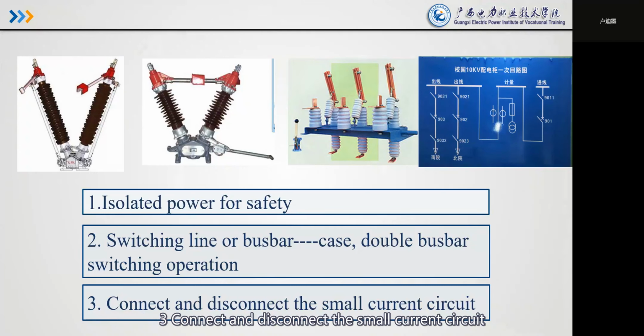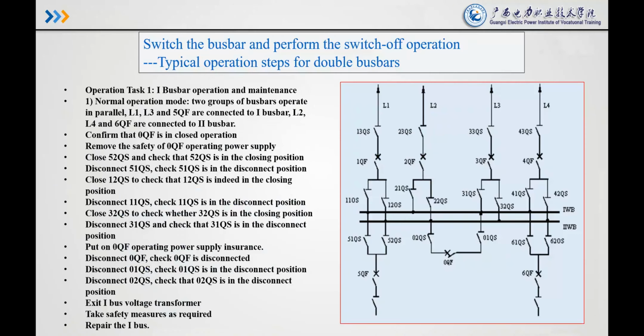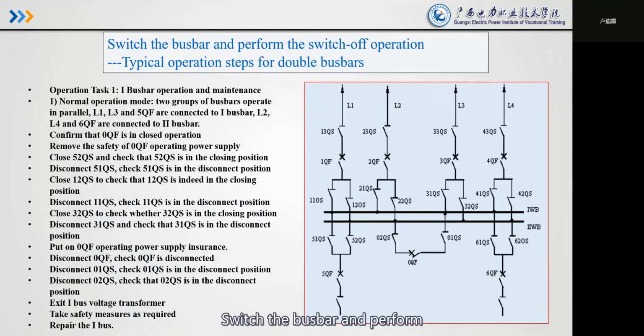Connect and disconnect small current circuits. Switch the bus bar and perform the switch off operation. Typical operation steps for double bus bar.